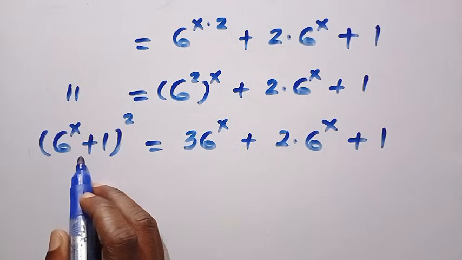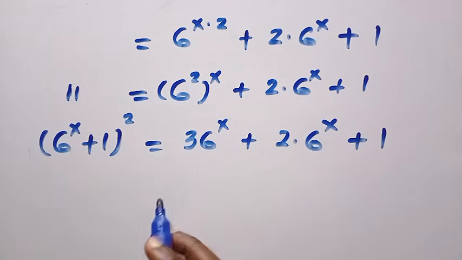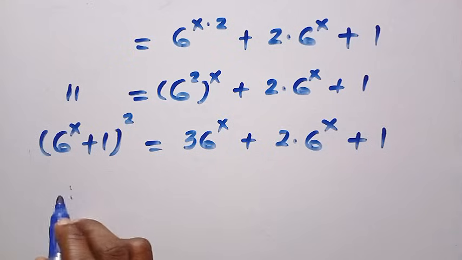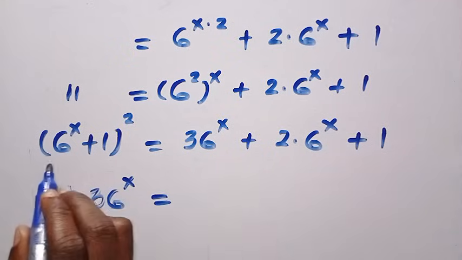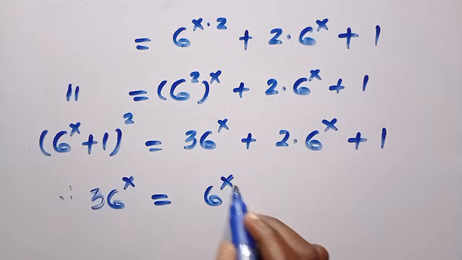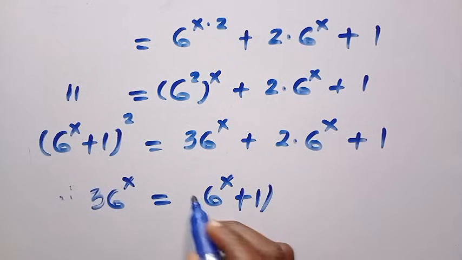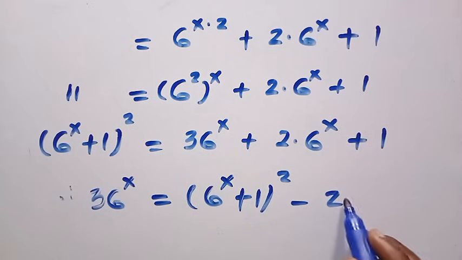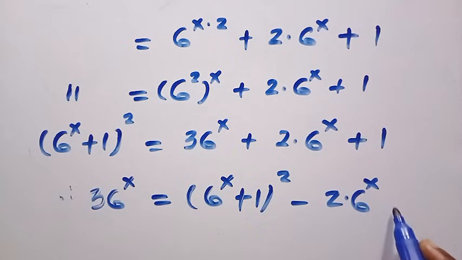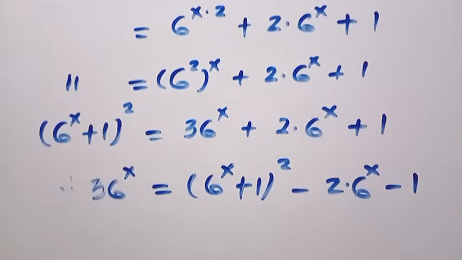If we are transferring them to this side, we are left with 36 power of x. So therefore we have 36 power x equals, so all these are coming to meet this. So here remains 6 power x plus 1 raised to power 2 minus 2 multiplied by 6 power x minus 1. This is what we have.